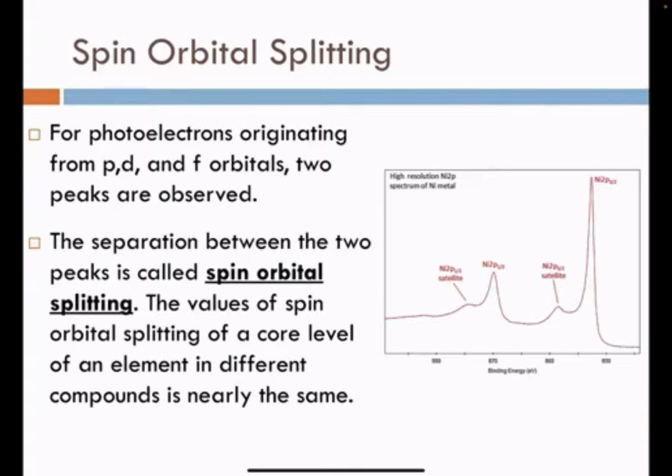We also note that signals tend to split in the case of p, d, and f orbitals, and this is what we call spin orbital splitting. The values of the splitting for a core level of an element are about the same.